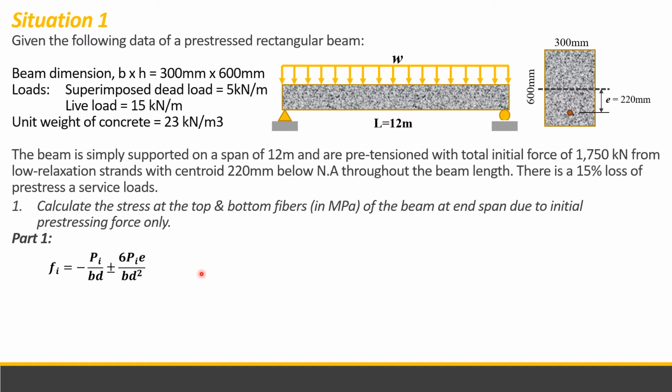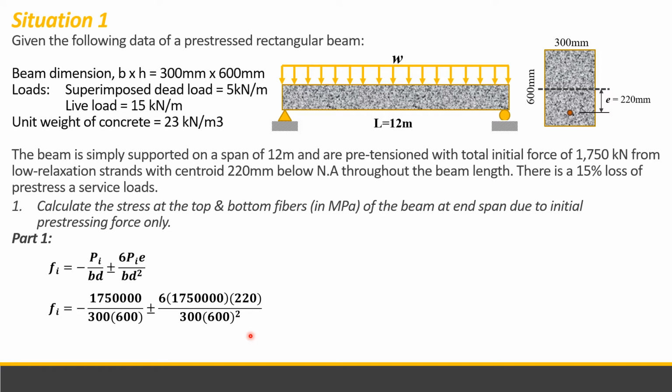Okay, so now we have the values of P, b, d, and e. So we just input them. MPa is Newton per mm squared. So our units should be Newton for forces and mm for dimensions.